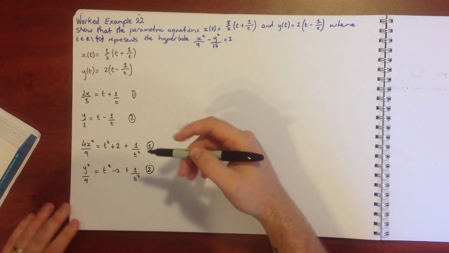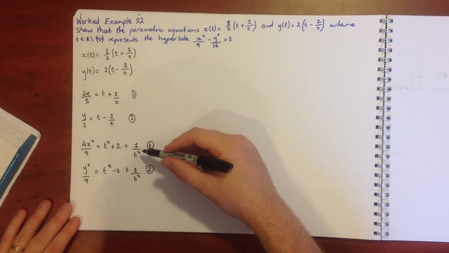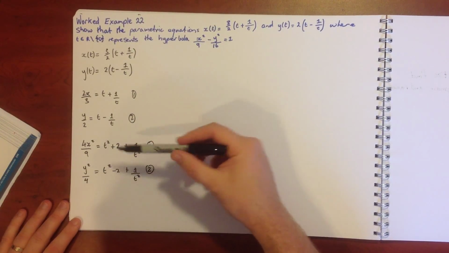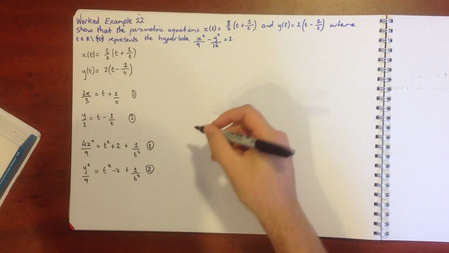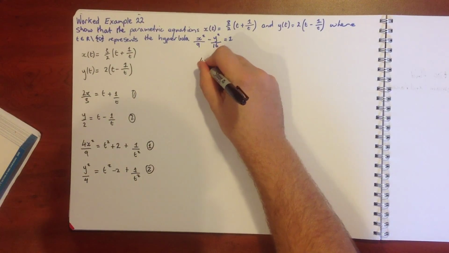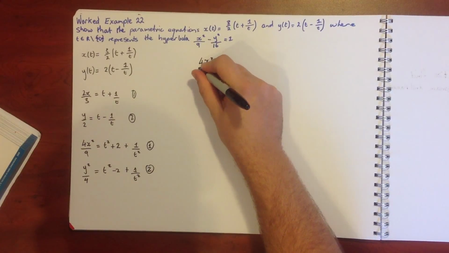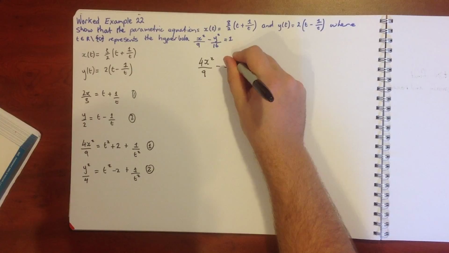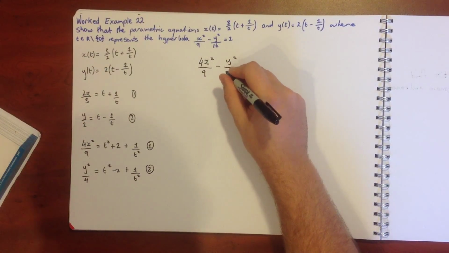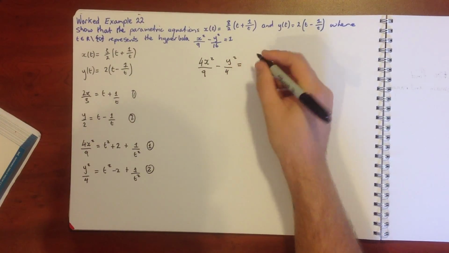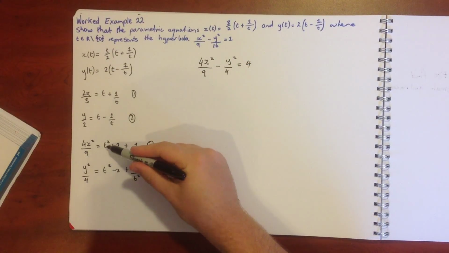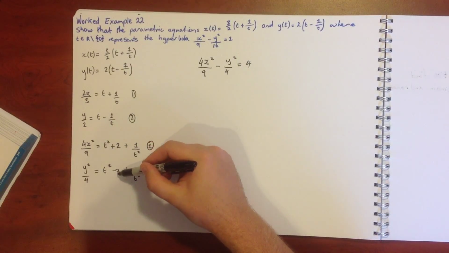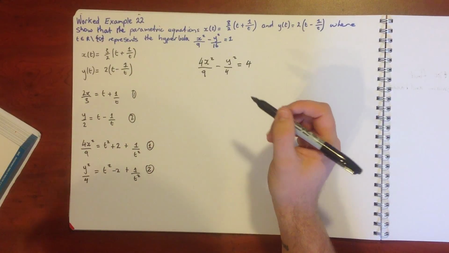Now if we take equation 2 away from equation 1, you can see we're actually going to cancel out some things here. Okay, so if we take 2 from 1, then what we're going to get is our 4x squared on 9 minus y squared on 4 equaling 4, because our t squareds are going to cancel out, our 1 on t squared is going to cancel out, 2 take negative 2 gives us positive 4.